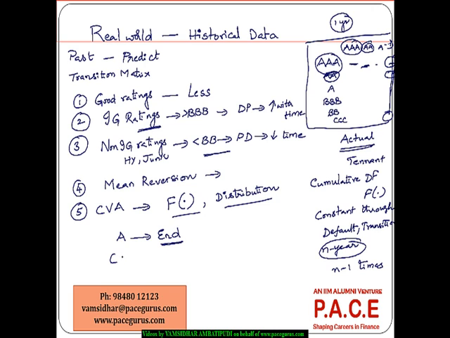Whereas for a triple C or any B kind of rated companies, if at all the default occurs, it has to occur much earlier. So the computation of the price for the credit value adjustment should take into account when it is going to default, earlier or later. A very good understanding of the distribution of defaults is essential. So these are some of the important aspects of estimating the real world default probability from historical data.